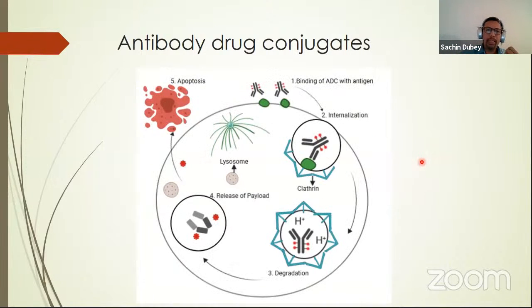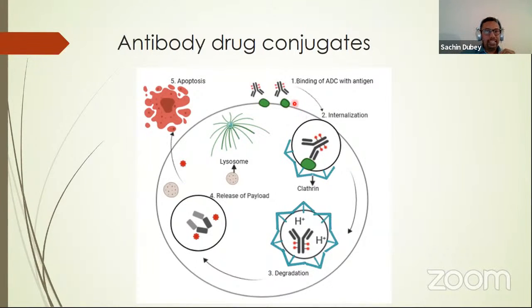And how it happens, one more time, if you remember, through the receptor interaction, the antibody gets internalized. Once it is internalized, depending on the enzymes which are present, and do remember that this is not FcRn-based internalization, this is receptor-based internalization.